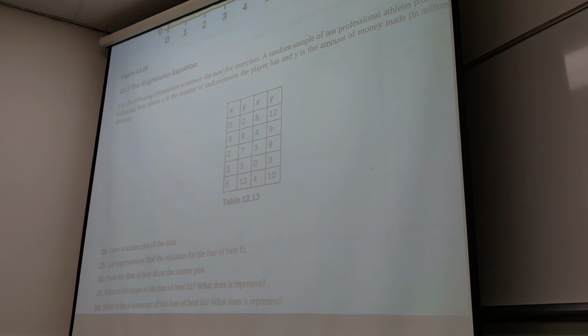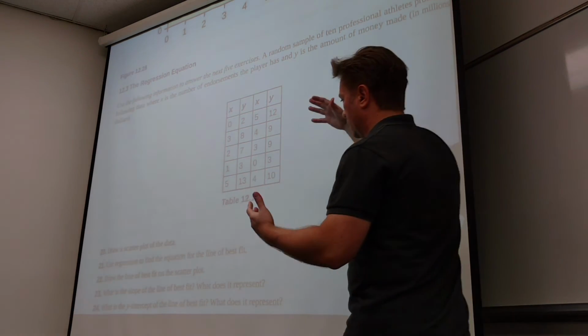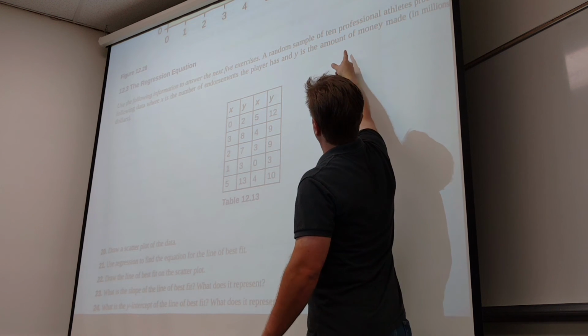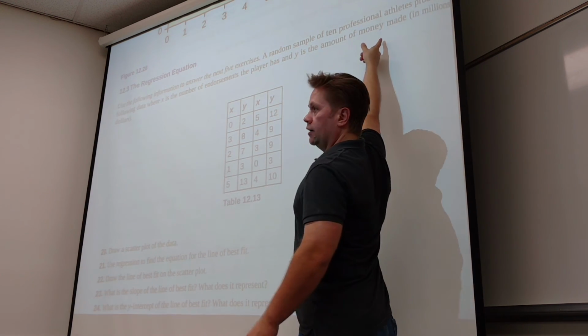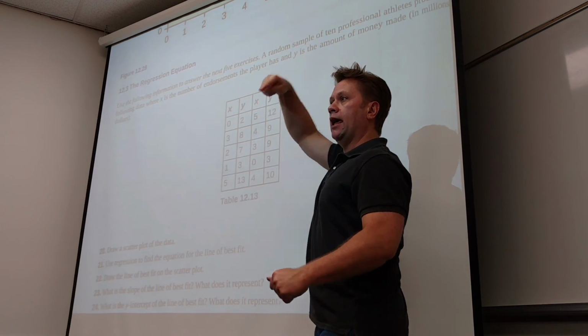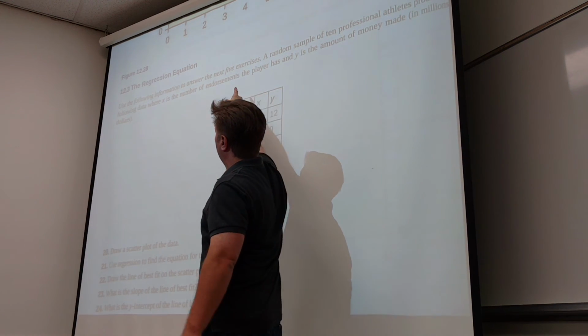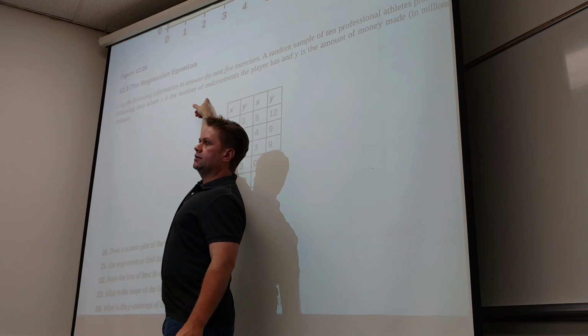So Y-intercepts occur when X is 0. So right there, you've got everything you need. You know what Y represents. So whatever number you got for the B, for Ax plus B, what does Y represent? The amount of money made, right? When X is 0, when the number of endorsements is 0.